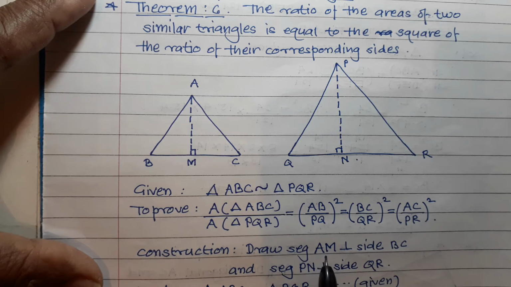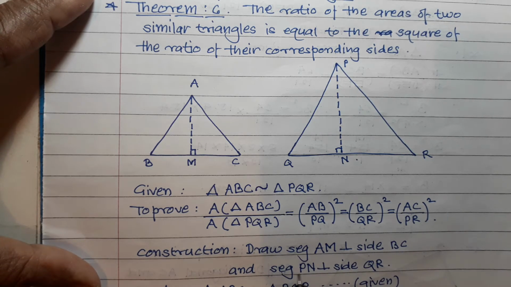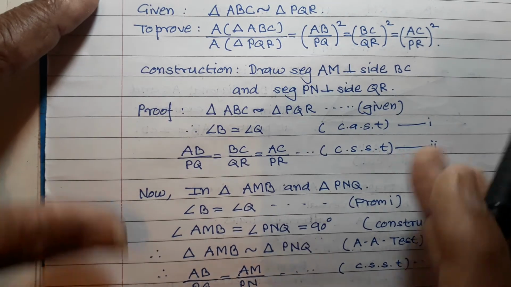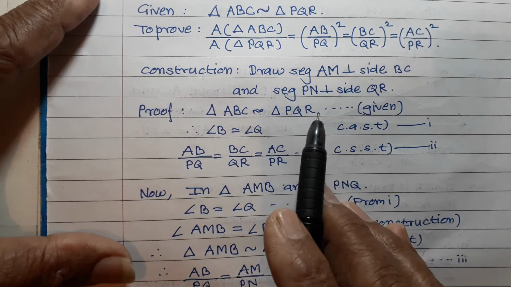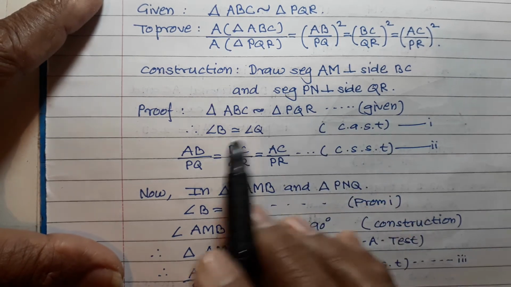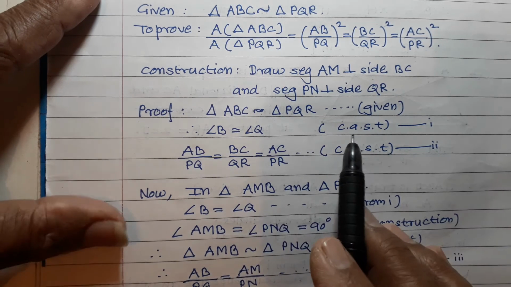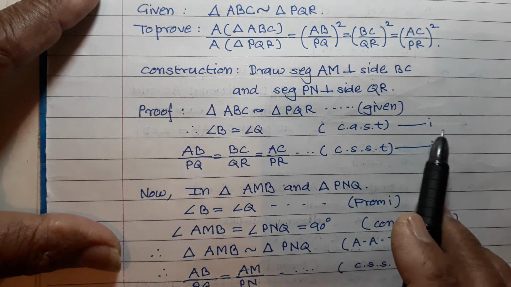Draw segment AM perpendicular to side BC and segment PN perpendicular to side QR. Okay, proof. Triangle ABC is similar to triangle PQR, given, and therefore angle B is equal to angle Q, corresponding angles of similar triangles. Statement number 1.